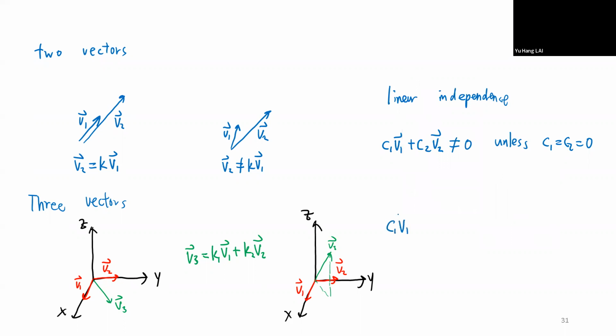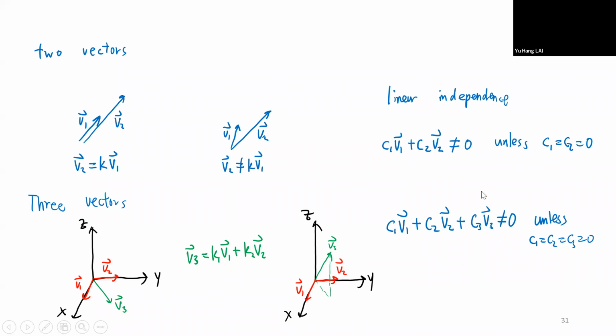C1 V1 plus C2 V2 plus C3 V3 won't be zero unless all the coefficients are zero. If you find that this is true, then these three vectors are linearly independent.